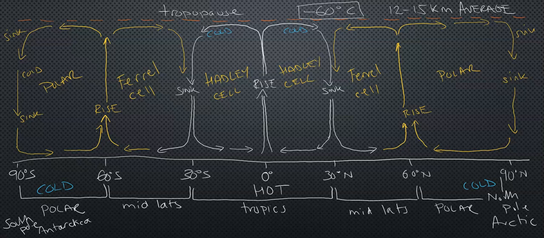So the simple heating and cooling of air in the troposphere from the equator, because the equator is heated more than the poles, and you have this differential heating, you have these three symmetrical convective cells that form in the troposphere called the Hadley, which is around the equator, the Ferrel in the mid-latitudes, and the polar, obviously in the polar regions, that form to move heat, and that requires air.